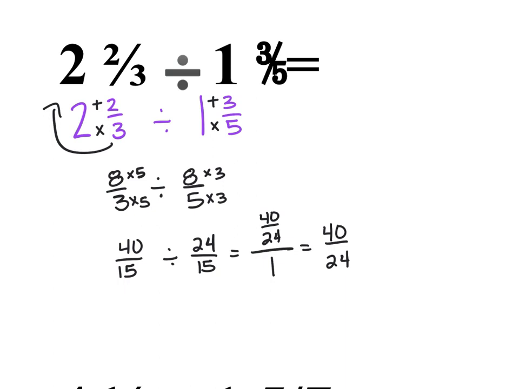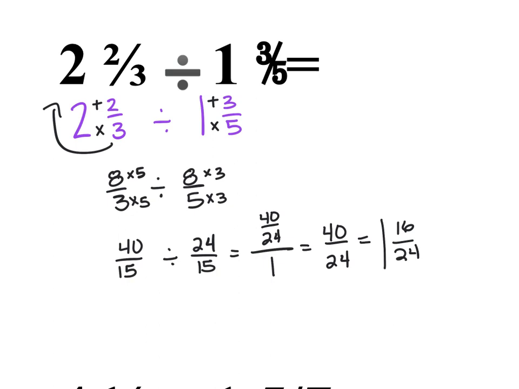Now, how many 24s can we take out of 40? Just 1. And when you subtract 24 from 40, that's going to be your numerator. And our denominator will stay the same.